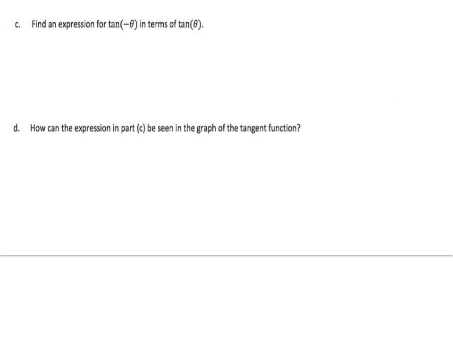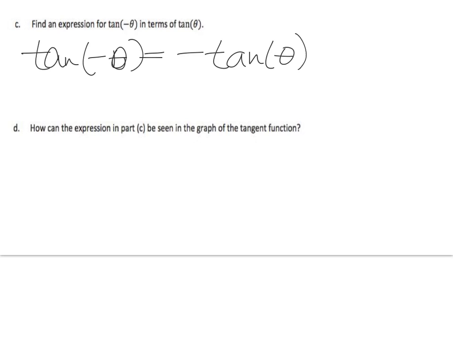Moving on, find an expression for tan of negative theta in terms of tan theta. So tan of negative theta equals negative tan theta. So negative m, and m is tan of theta, so you can take the negative to the outside. How can the expression in part C be seen in the graph of the tangent function?